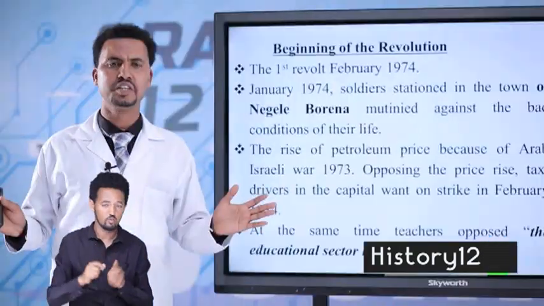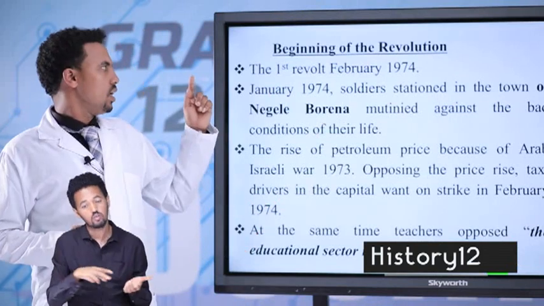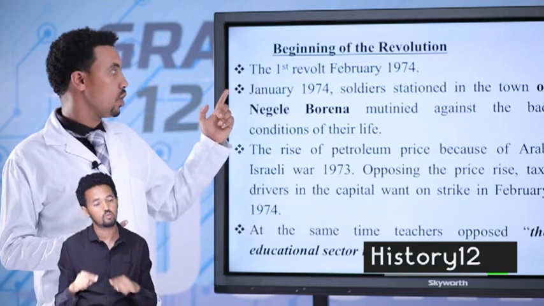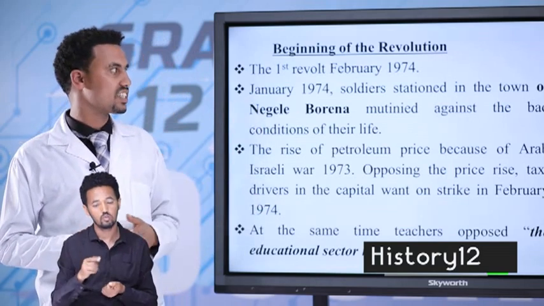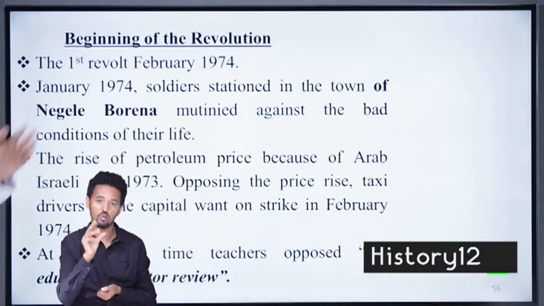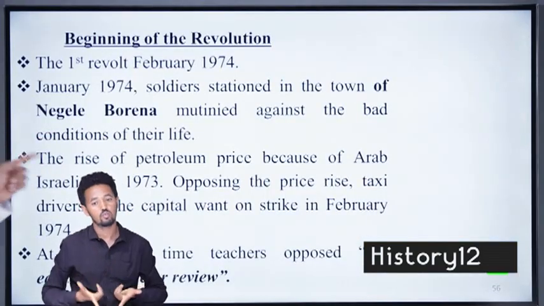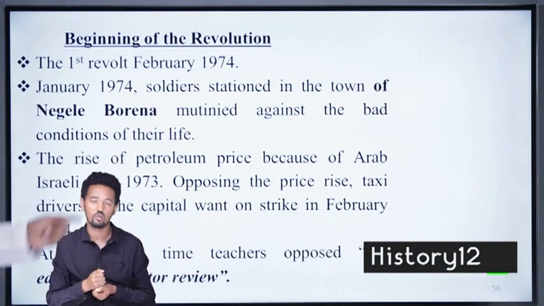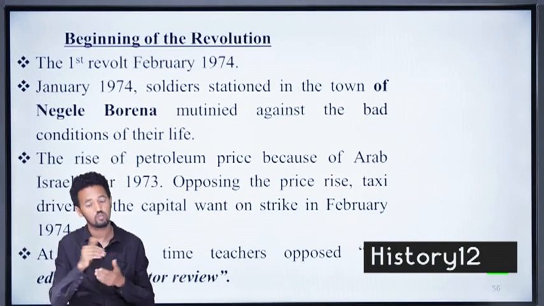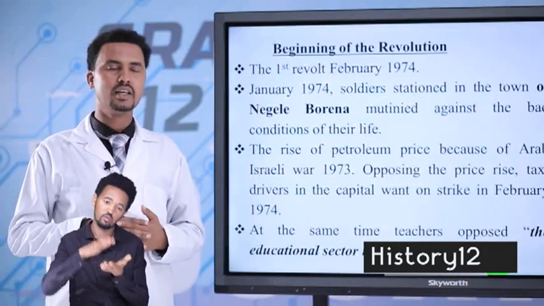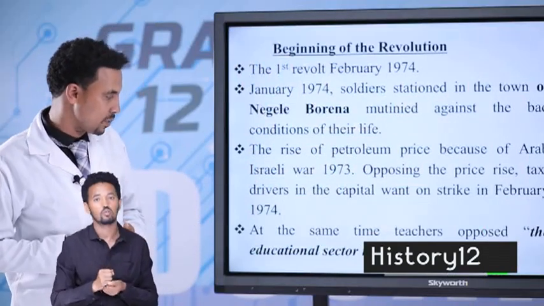The beginning of the revolution. The first revolt was in early 1974. In January 1974, soldiers stationed at the town of Negele Borana protested against the bad conditions of their life. Because of the rise of petroleum price due to the fourth Arab-Israel war, taxi drivers in the capital went on strike in February 1974 to oppose the price rise.